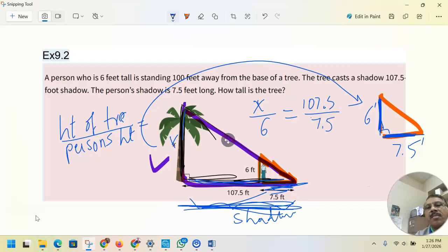You can multiply both sides by 6, and at this time you can use a calculator and figure out the answer. That's how you do this type of problem. I hope I made sense in explaining how to do this kind of problem.